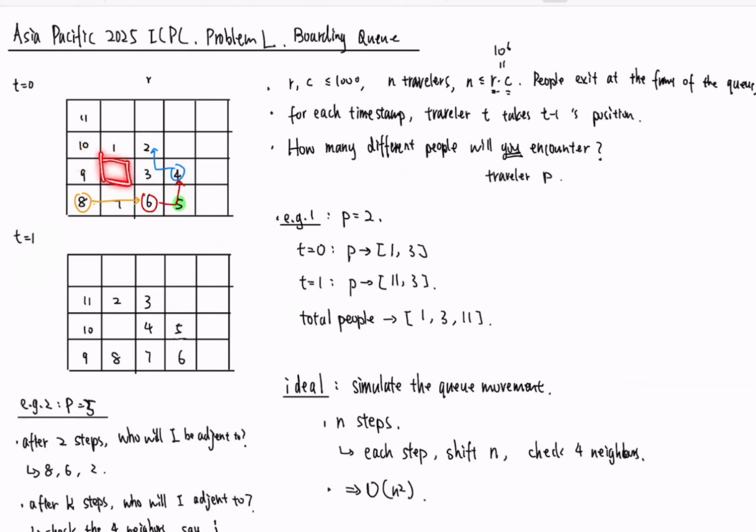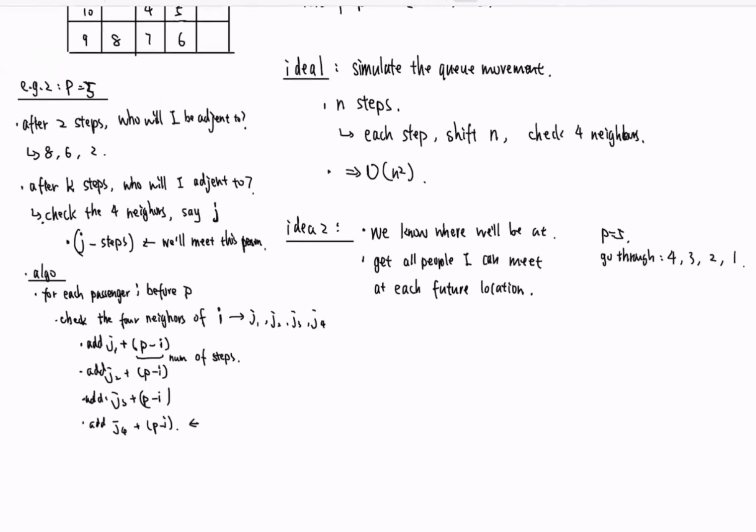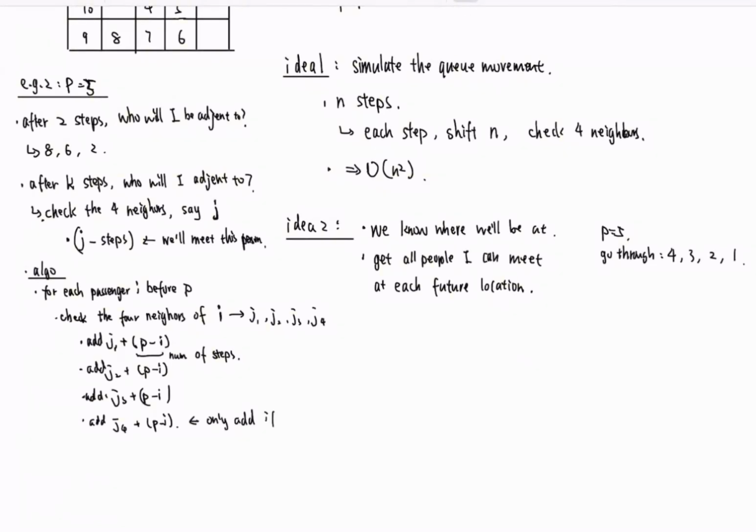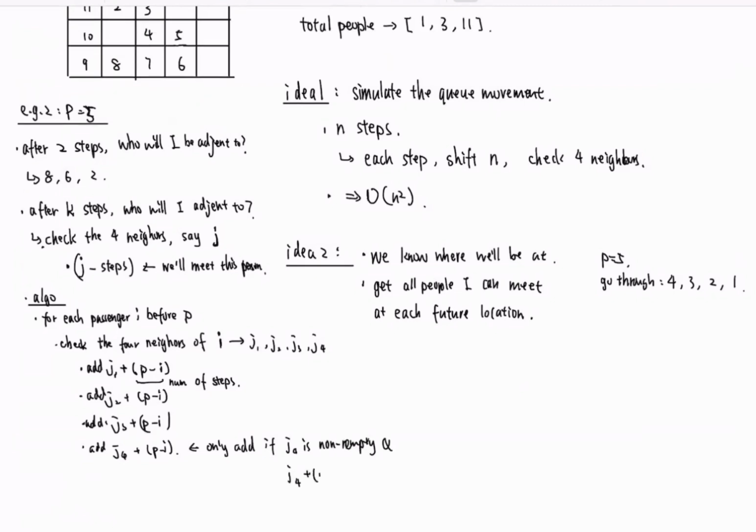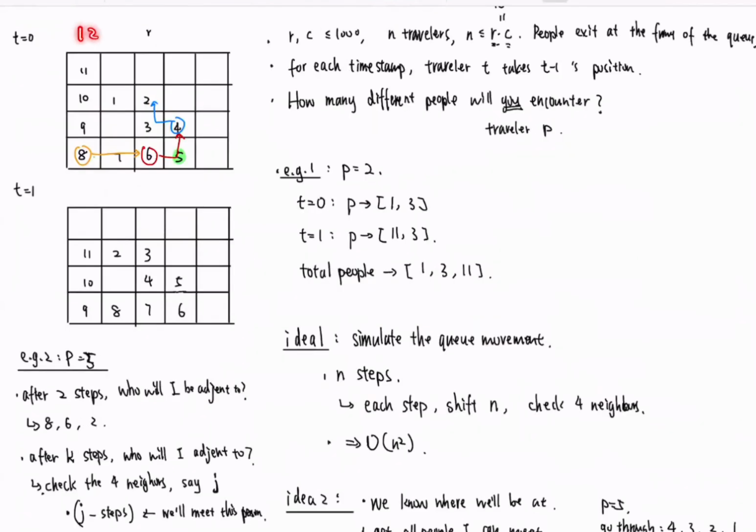Also, if we add steps and go outside the range of the line, we don't add the neighbor. So only add J4 if it is non-empty and J4 plus P minus I is less than or equal to N, which is the end of the line. If it needs, say, person 12 to come here, we don't add that.